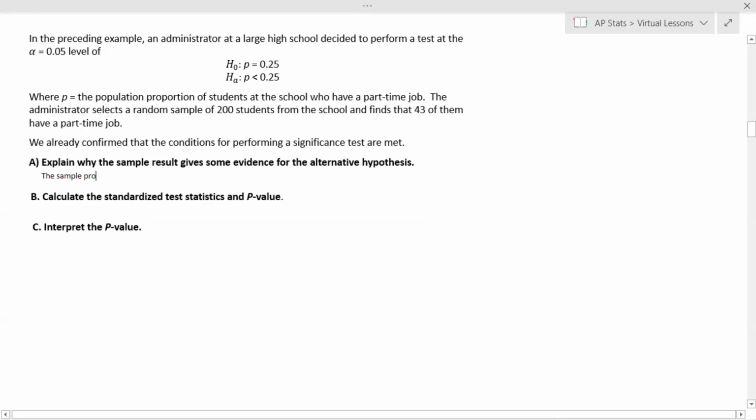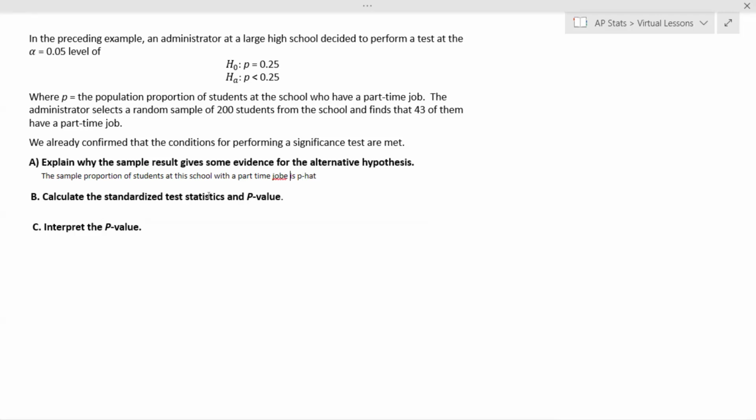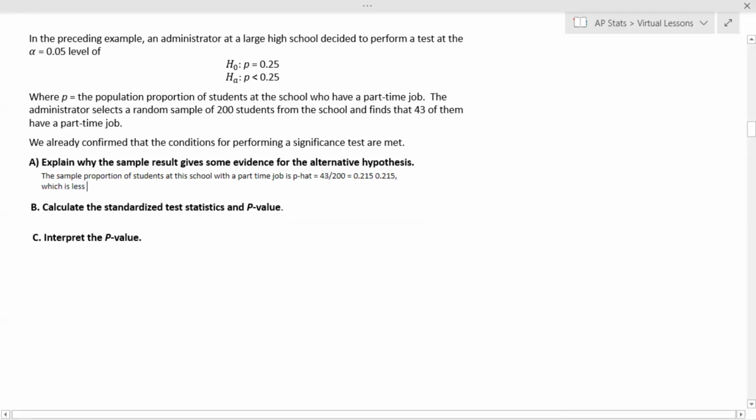The sample proportion of students at this school with a part-time job is p hat equals 43 out of 200, which is 0.215, which is less than the national proportion of p equals 0.25.